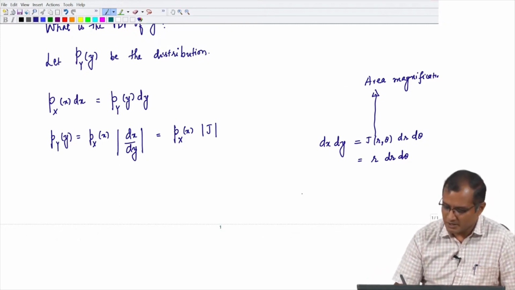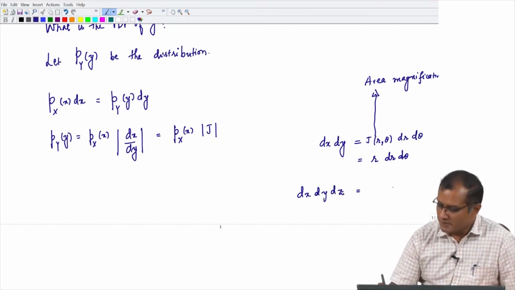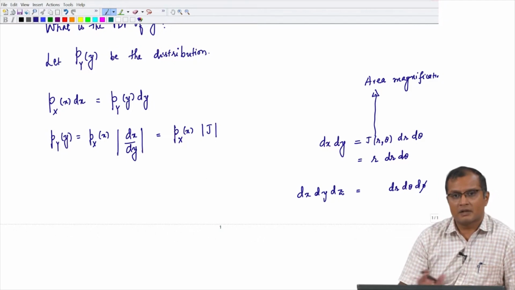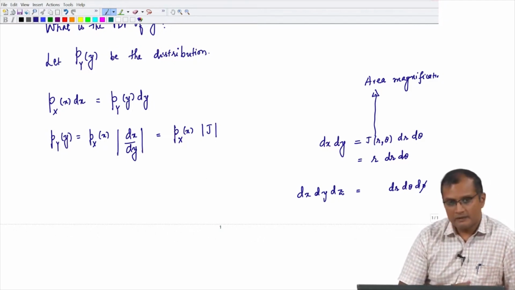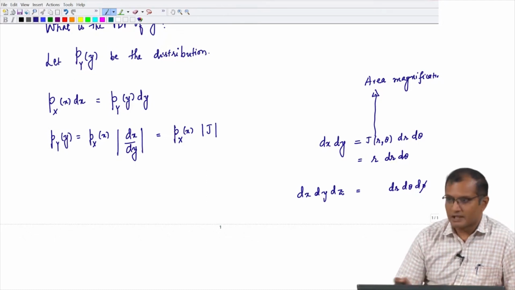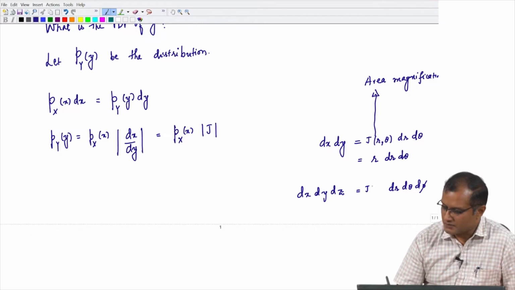In 3 dimensions you would basically have dx, dy, dz, and this will be equal to dr, d theta, d phi if you are going from Cartesian coordinates to spherical polar coordinates. Again we are running into the same issue that this is not dimensionally consistent. So, I must attach a Jacobian here, which is in general a function of r, theta and phi.